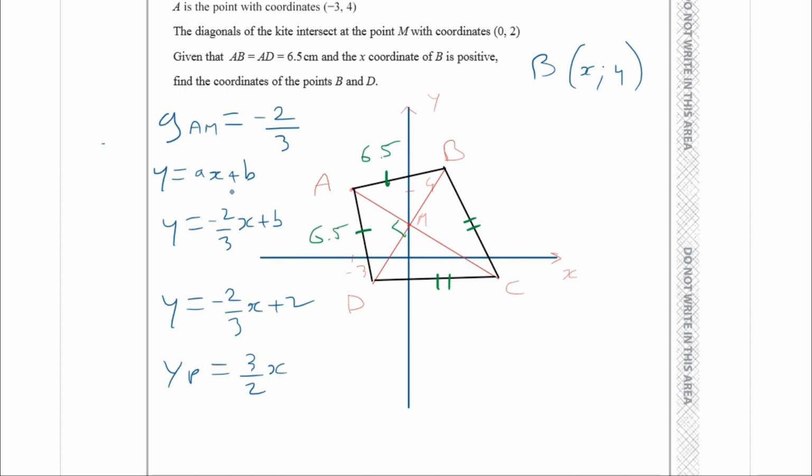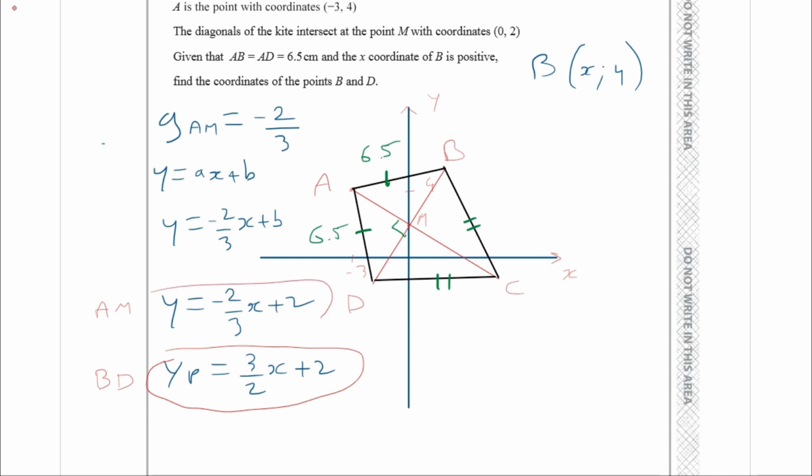And so for the perpendicular line y_p, realize here as well that the y-intercept is also M, so it's also going to be +2. So we have two linear equations here which are quite handy. We have the perpendicular line, which is essentially the line DB or BD, and this equation here, which is the equation of the line AM.